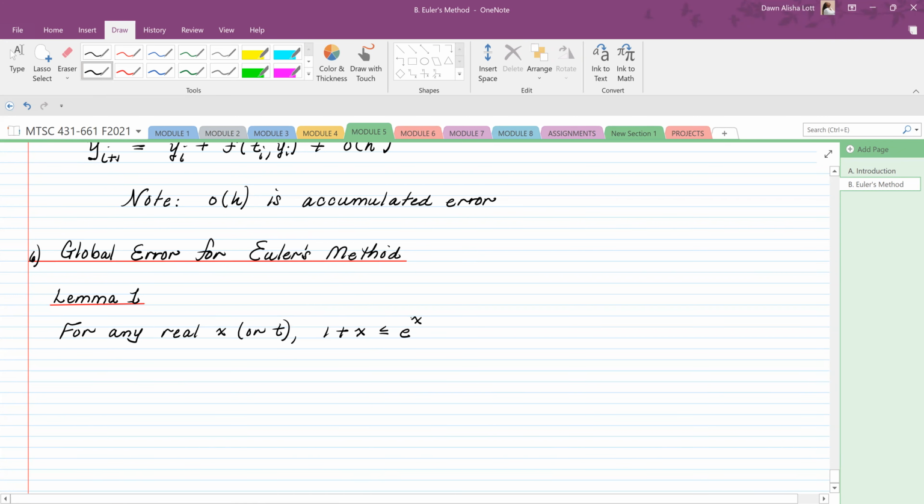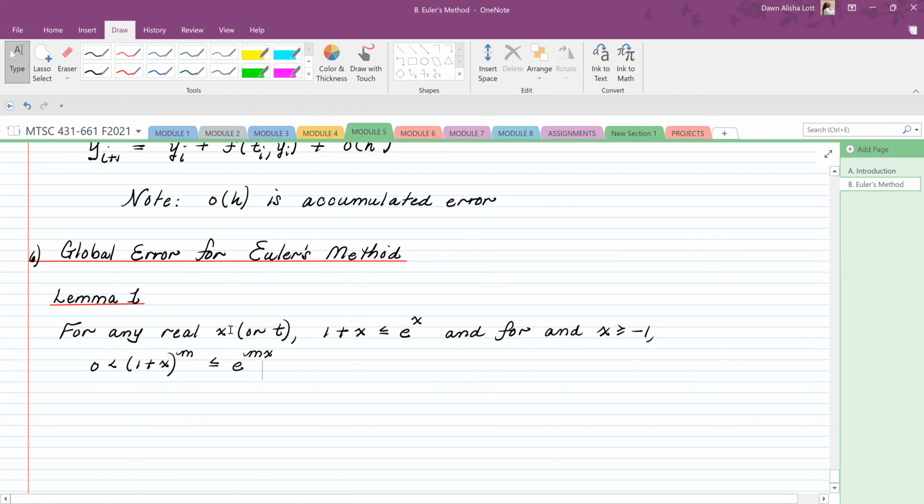We all know that. And for any x greater than or equal to -1, we can say that 0 is less than (1 plus x) to the m, which is less than or equal to e to the mx.